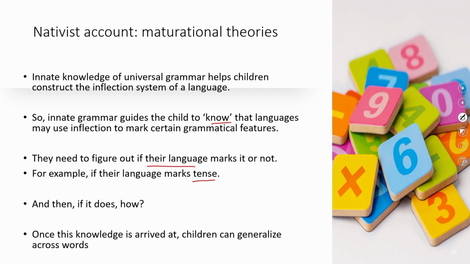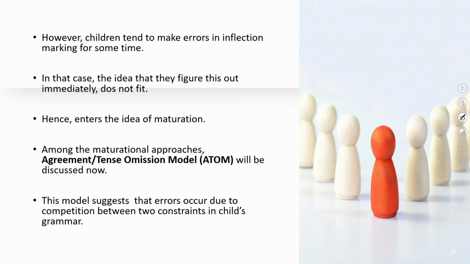Once this knowledge is arrived at, children can generalize across words. Once they have understood that yes, this language does use the property of tense marking through an inflection, they will be able to generalize across all the words. However, there are errors that children make in inflection marking for quite some time.